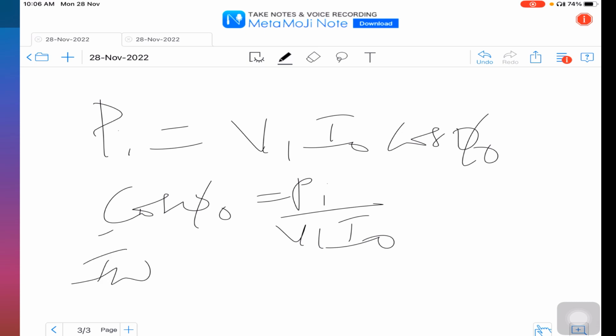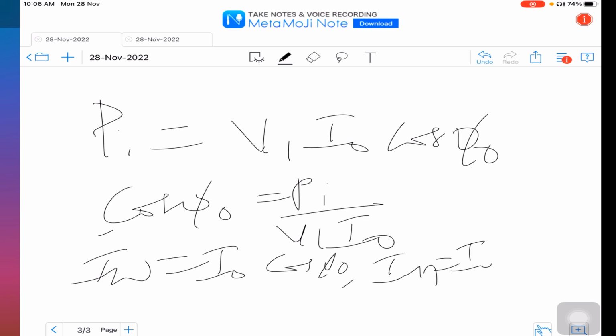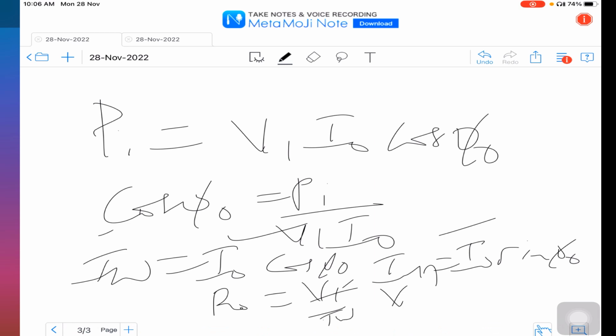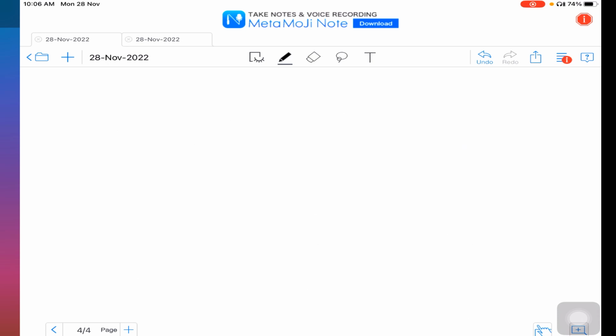Similarly, we know Iw is equal to I0 cos phi naught, and I mu is equal to I0 sin phi naught. One is with respect to sin, one is with respect to cos. So Iw is with respect to cos. Also we can find R0 as V1 by Iw, and X0 as well. These are the circuit constants we can find from the open circuit test.